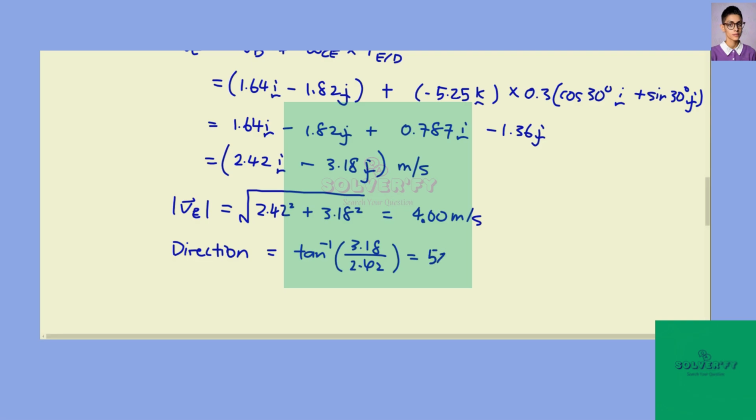This is 52.7 degrees below the horizontal, to the right.